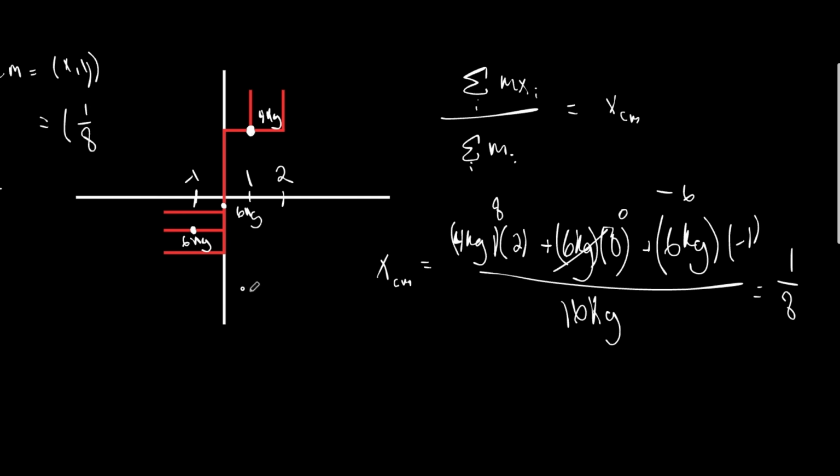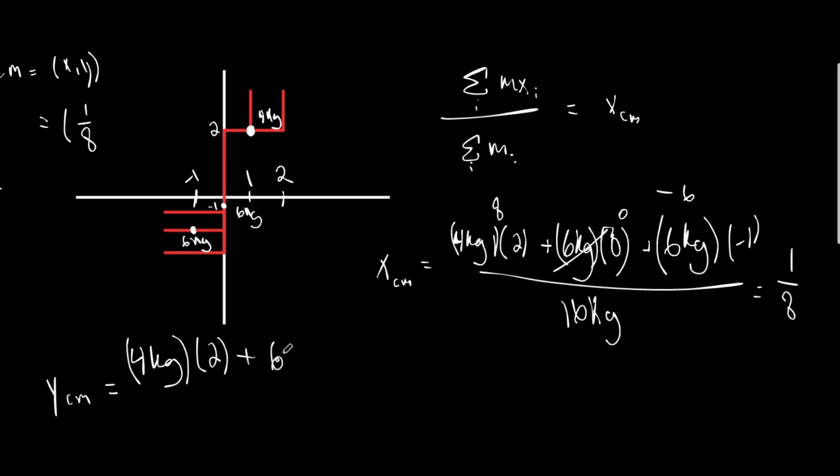Now we solve for our y component. So it's the same thing, except instead of our x's, now we're doing our y's. So y cm is going to be equal to 4 kilograms, and then we'll say this is 2 units up, right? So this would be times 2, plus our 6 kilograms. We'll call this -1.